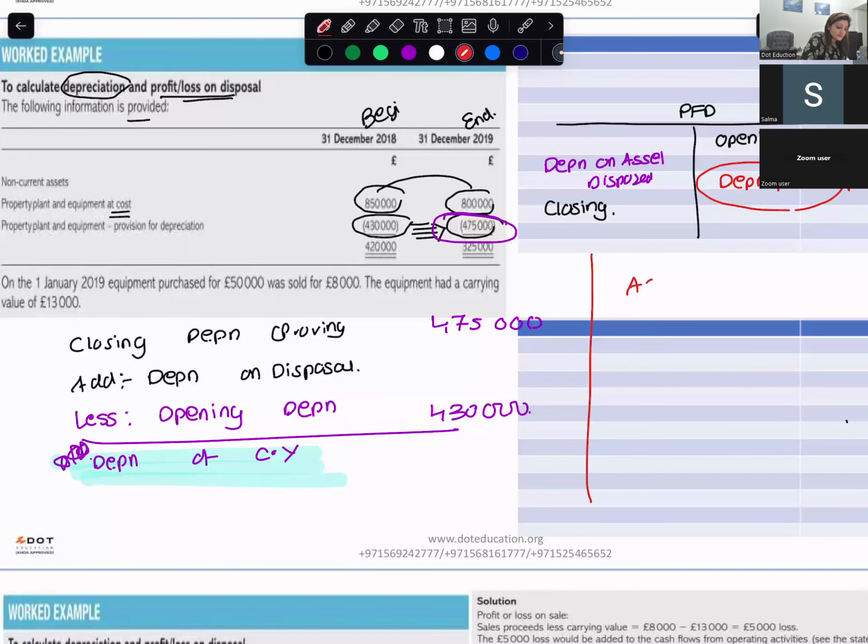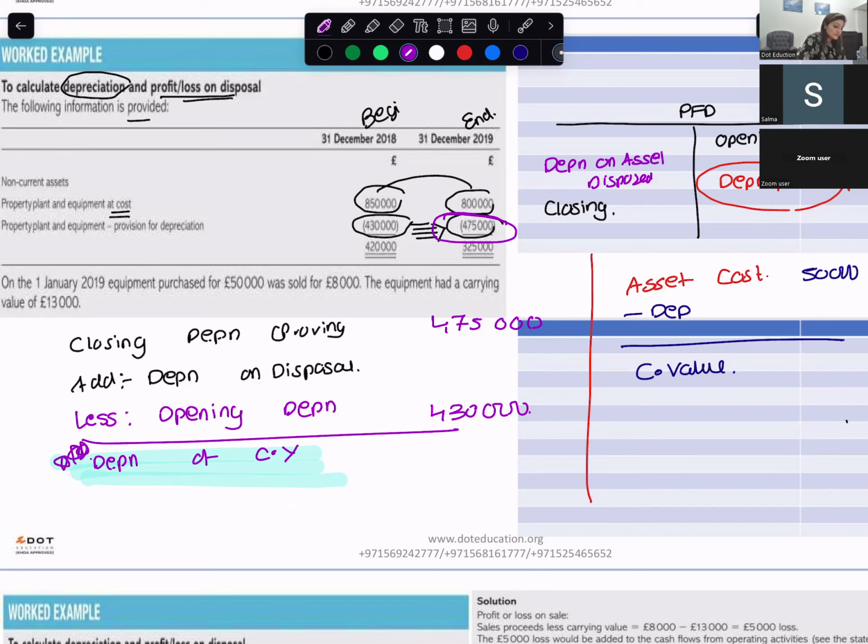The asset had cost how much? It cost 50,000. Cost minus depreciation gives me the carrying value. I know the cost of the asset disposed. Do I know the carrying value of the asset disposed?